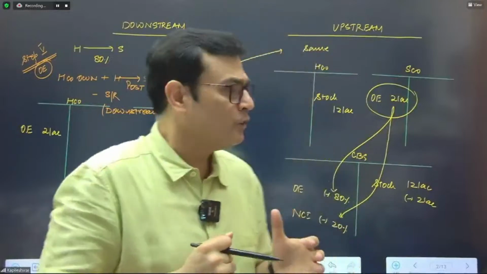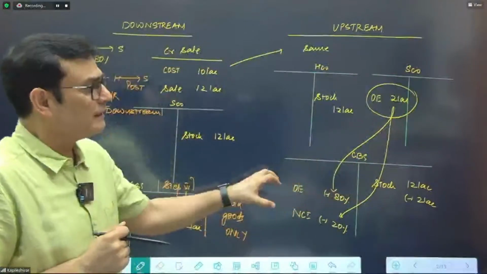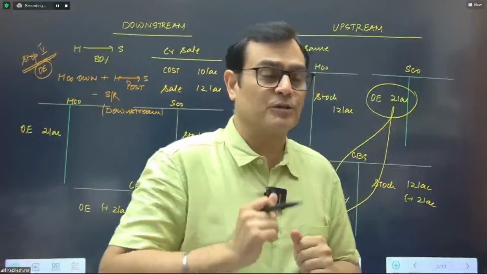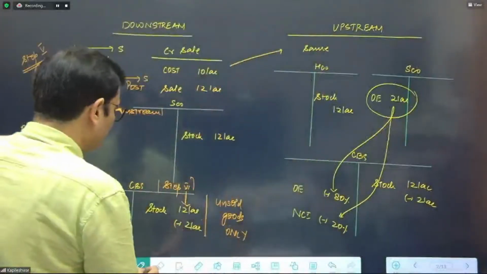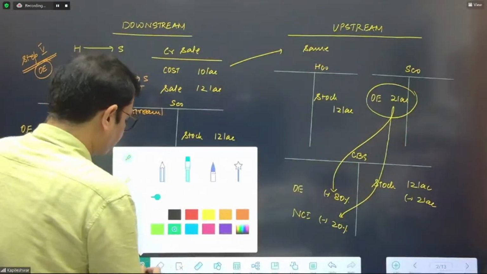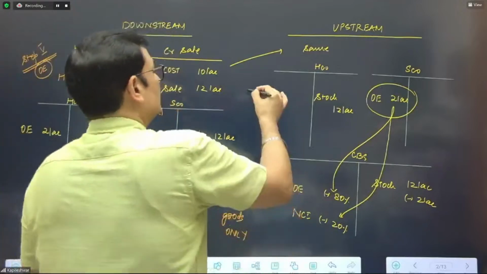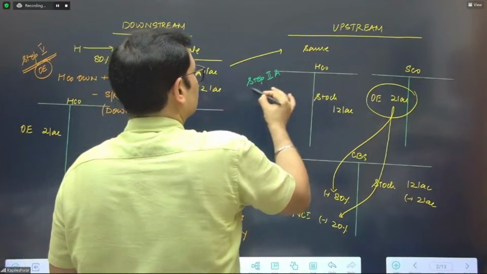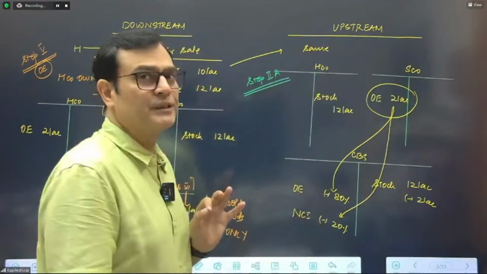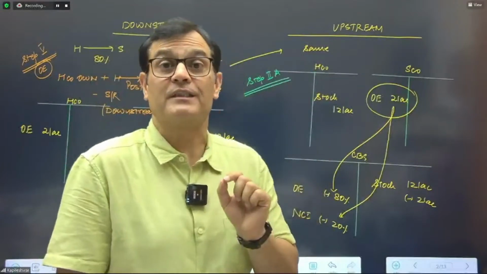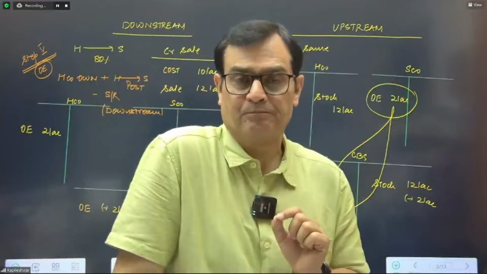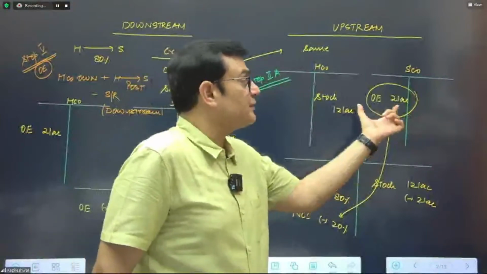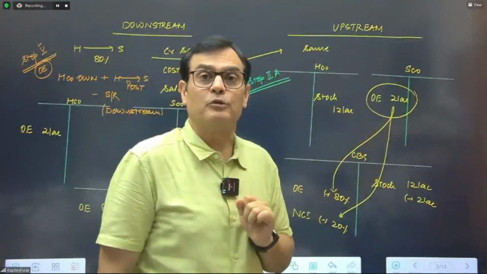So alternatively, this is one treatment that you do in the consolidated balance sheet. But my submission would be that alternatively, when you go to step number 2A, that means when you consider the analysis of the subsidiary company's other equity, which I'm yet to show you. But you know that you're going to do the analysis of this other equity in step number 2A.